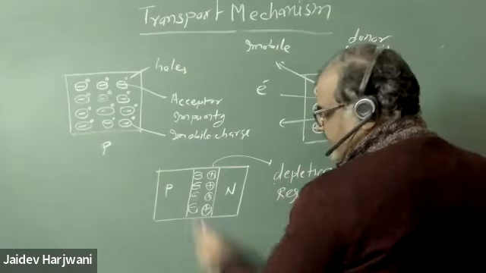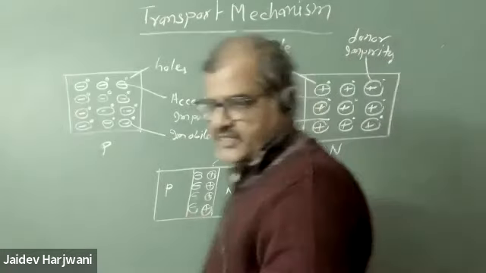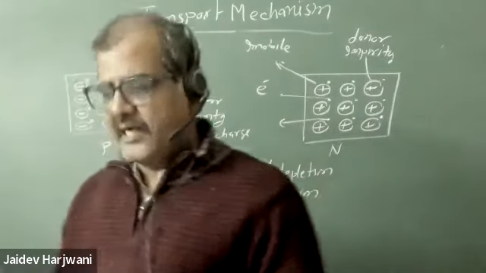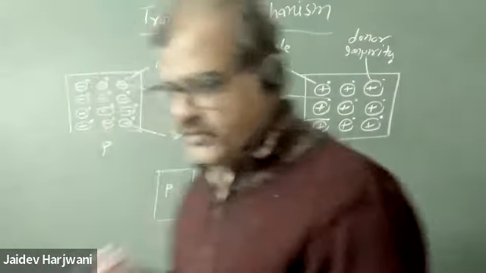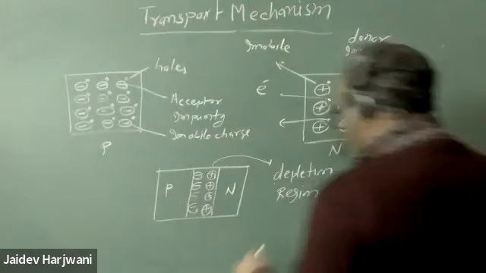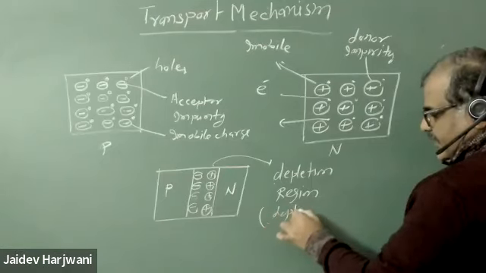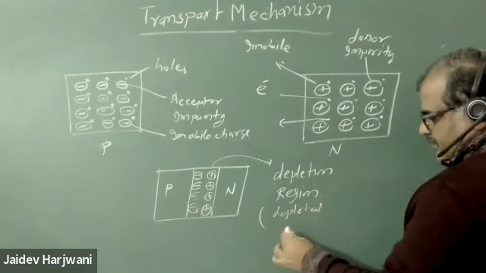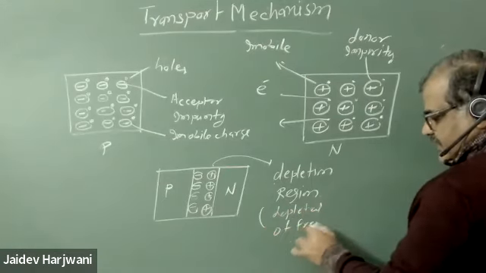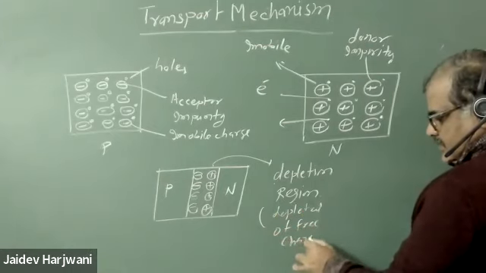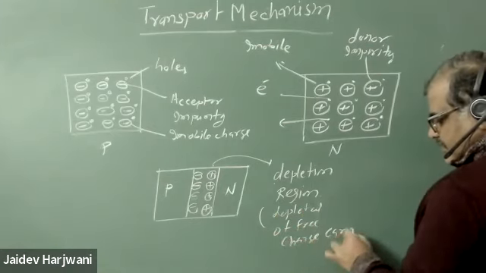Because it is depleted of free charge carriers. It does not have electrons and does not have holes. So this region is depleted of free charge carriers.